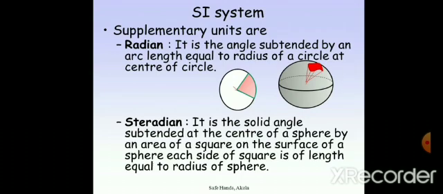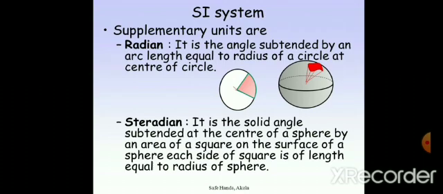We have discussed the 2 supplementary units. They are radian and steradian. Radian is defined as the angle subtended by an arc length equal to the radius of a circle at the center of the circle.